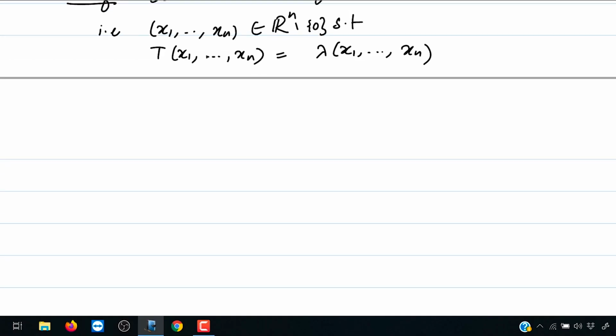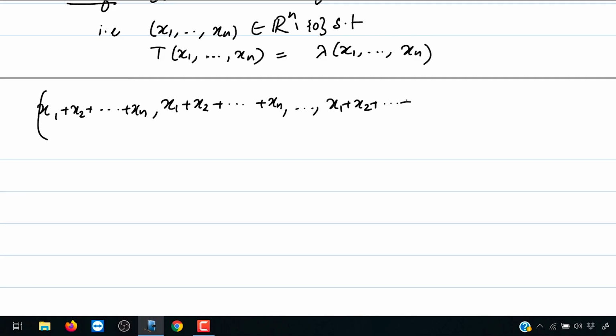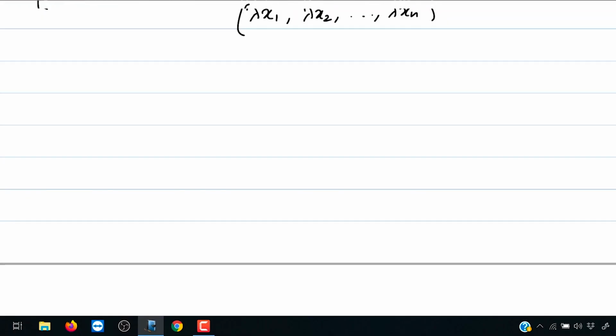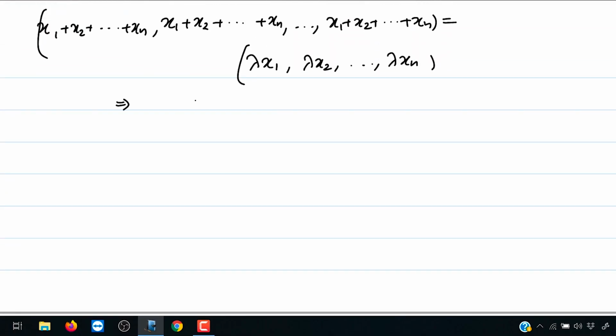T of x1 to xn is x1 plus x2 plus up to xn, comma x1 plus x2 plus up to xn, and so on, which will be equal to lambda x1, lambda x2, so on up to lambda xn. This means that we have these equations. This implies x1 plus up to xn is equal to lambda x1. x1 plus x2 plus up to xn is equal to lambda x2.